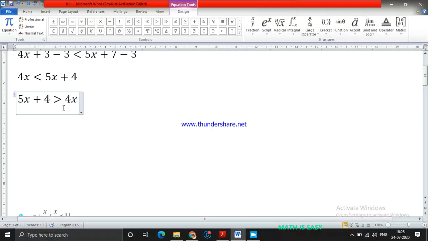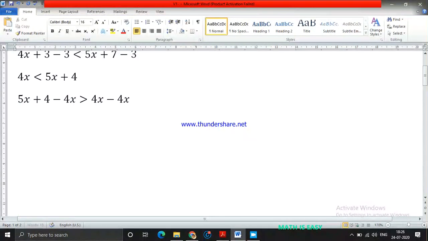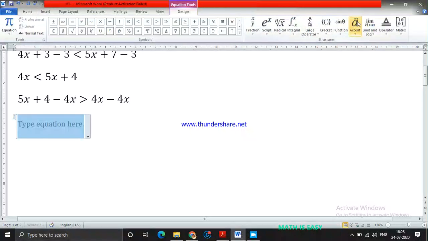Now similarly, what you can do is add minus 4x on both the sides. Minus 4x here and minus 4x here also. So what do we get now? 5x minus 4x is x, plus 4 is greater than 4x minus 4x, which is 0.